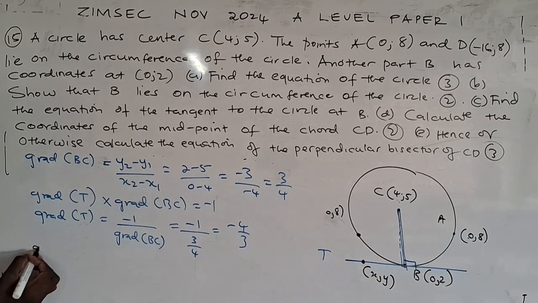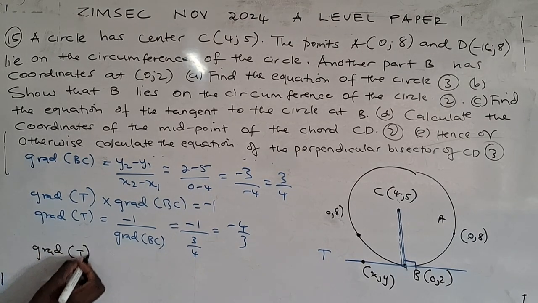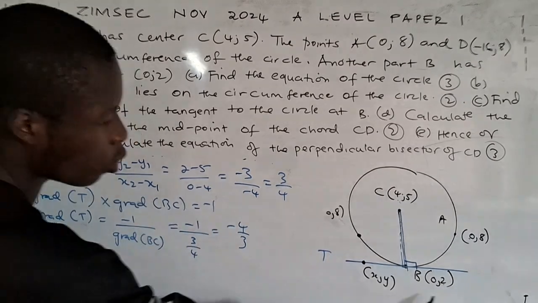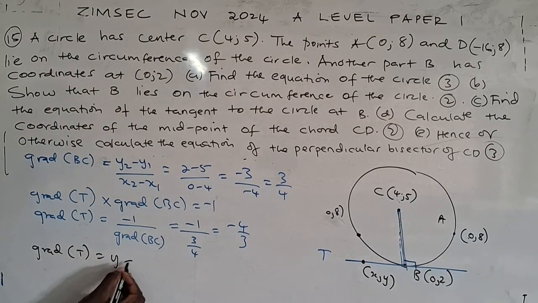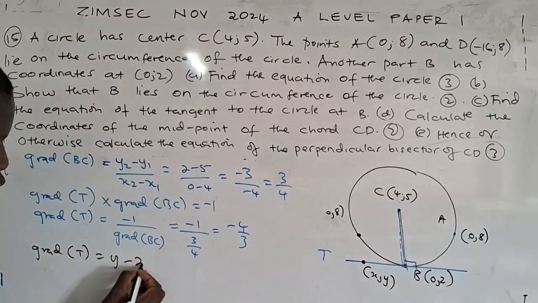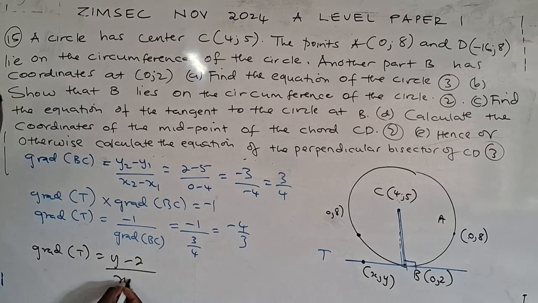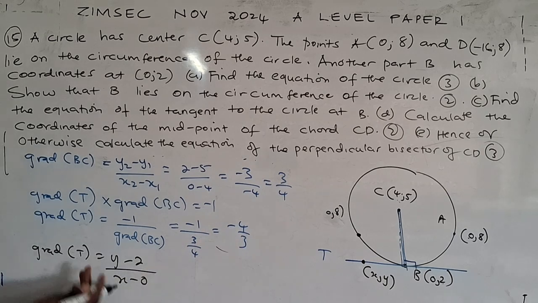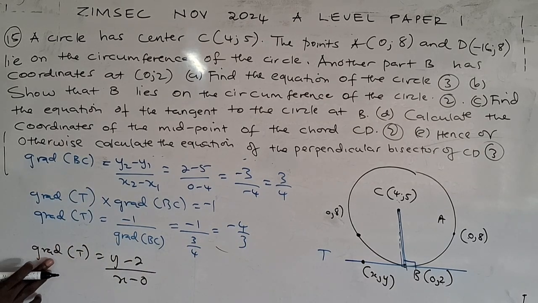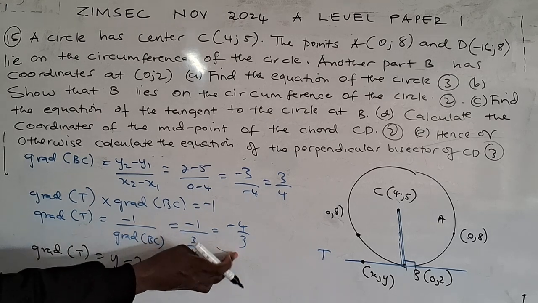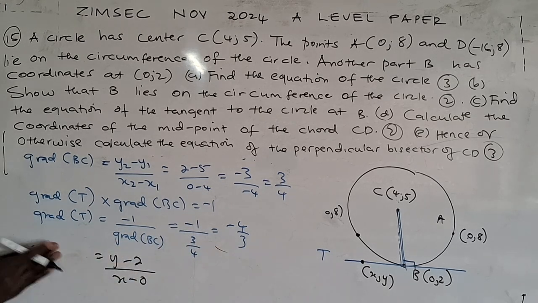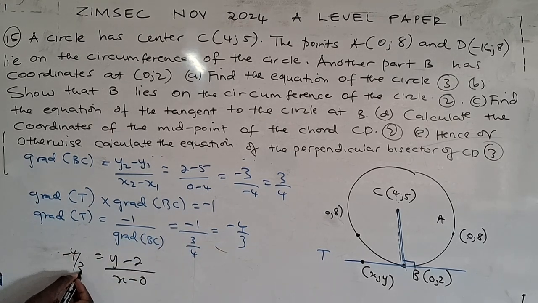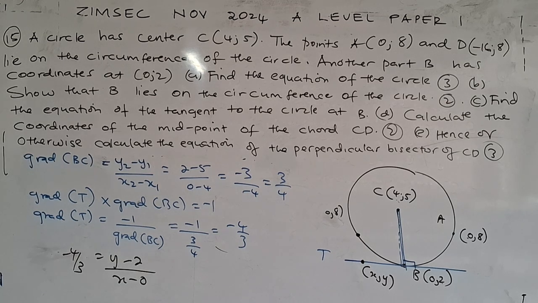So the gradient of the tangent is equal to y minus 2 over x minus 0. But the gradient of the tangent I have, which is negative 4 by 3. So here, instead of writing gradient of tangent, I have the numerical value, negative 4 by 3.